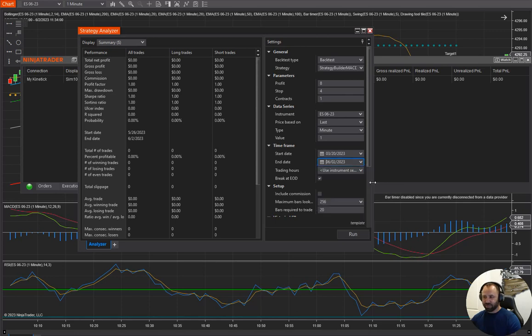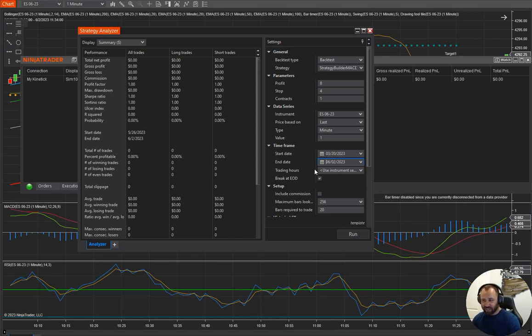And we'll just go through today. Today is Friday, June 2nd. And so in this month, our June contracts expire. So we're going to look through the entire 3-month period to date of the ES with the June expiration. So for trading hours, if you don't utilize any trading hours, it's going to backtest basically 24/7.